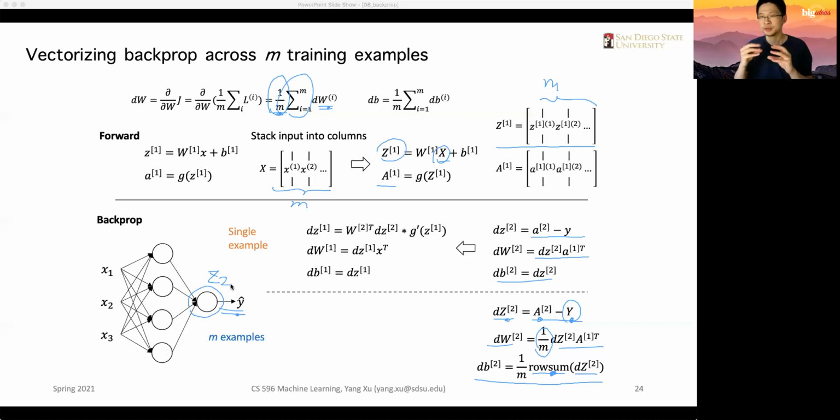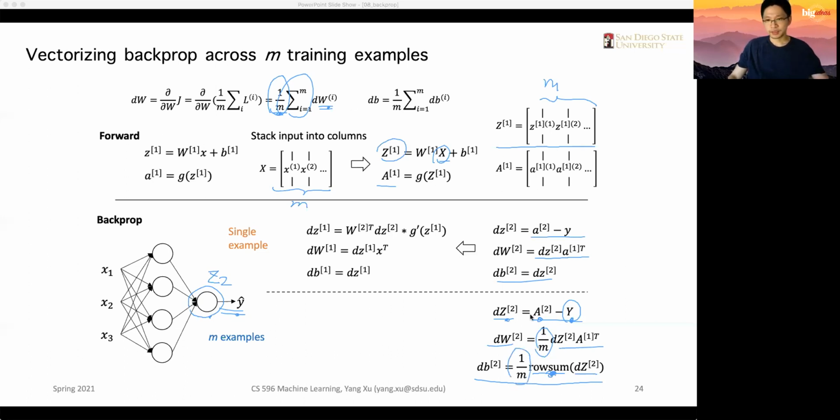It's just one output unit in this network, okay? But when you have multiple units, then the row sum would be different from a normal summation function, okay? And for each row, we compute the sum and normalize by m, okay?